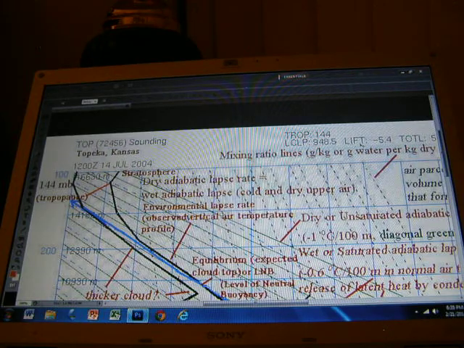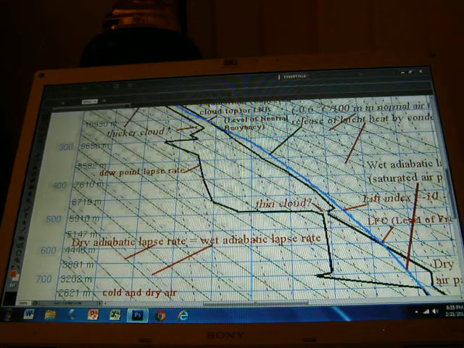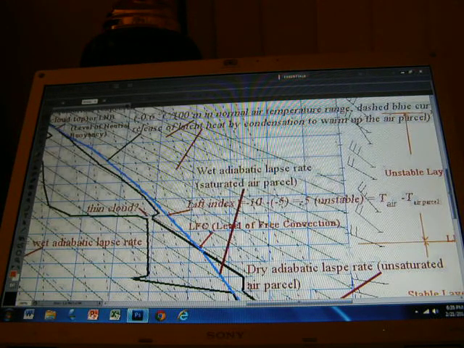What is the lifted index? For the lifted index, I give a number here. At 500 millibar, the lifted index equals -10 minus -5 degrees. So the lifted index is equal to -5, which is unstable air. The lifted index is actually the air temperature minus the air parcel's temperature at the 500 millibar level.